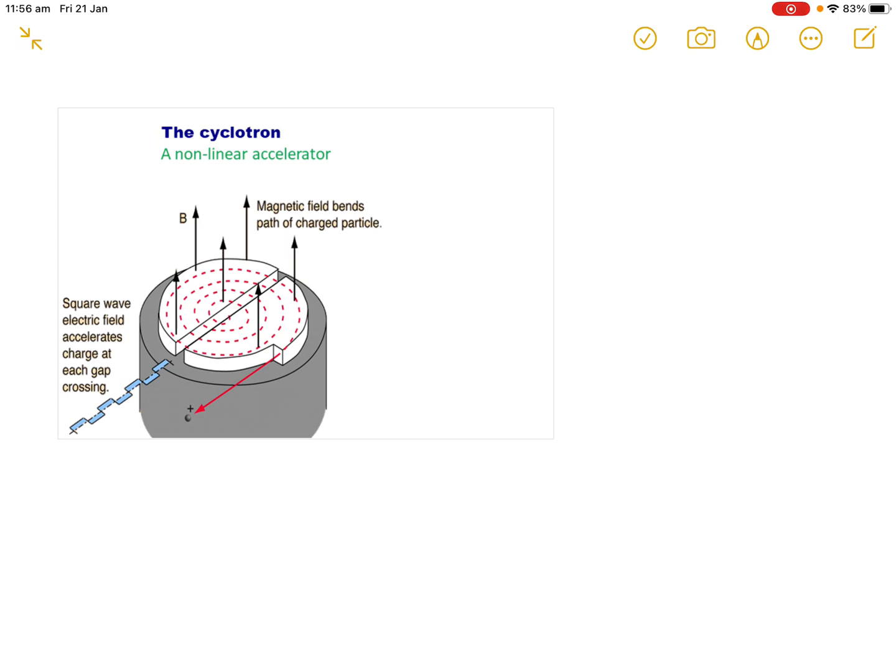So its radius gradually increases with every half circle, and that's why the dotted line is spiraling outwards. And then eventually, when it reaches the maximum radius of curvature, it's allowed to exit the cyclotron, and there you can see the proton being fired out, and there'd be a beam of these things, of course, and that can then be sent off to collide with other particles, and so on and so forth.